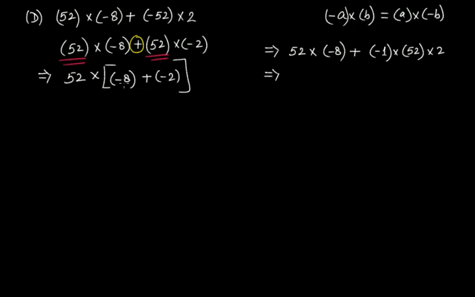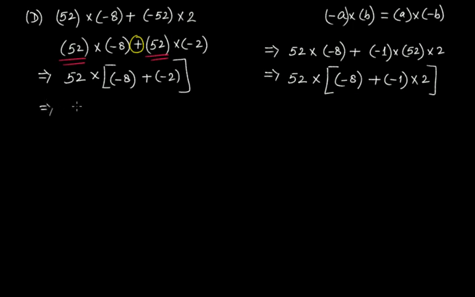So this was just the distributive property of multiplication over addition, and 52 was common here. And for this one, it will be again take 52 out, and then times here, this is minus 8, and this is plus minus 1 times 2, right?